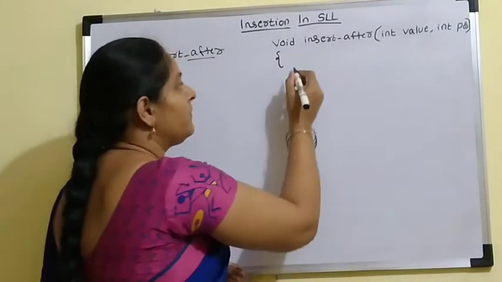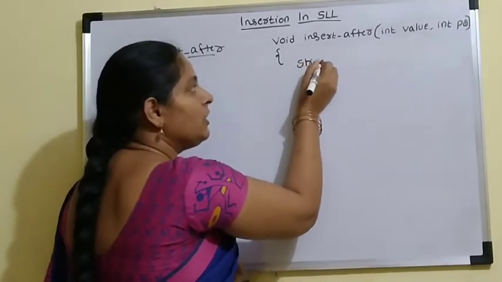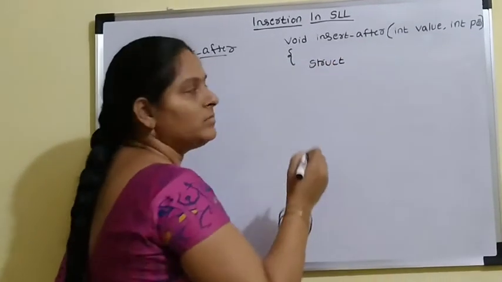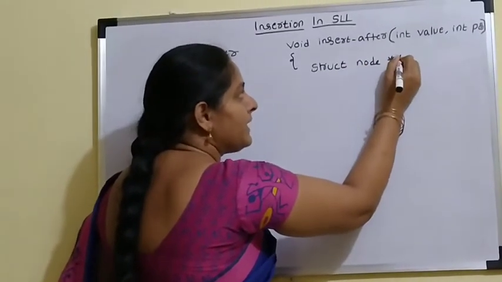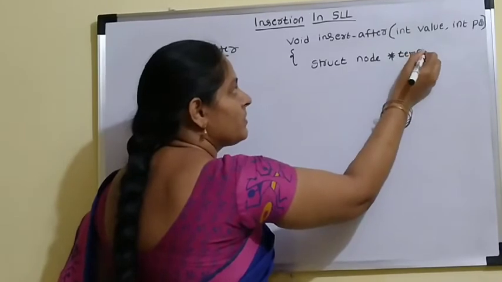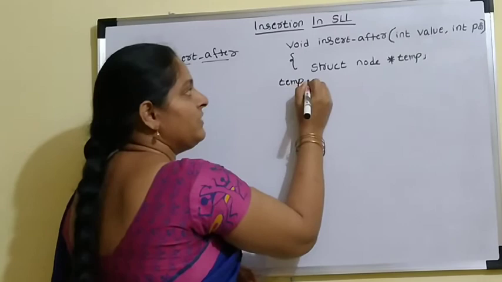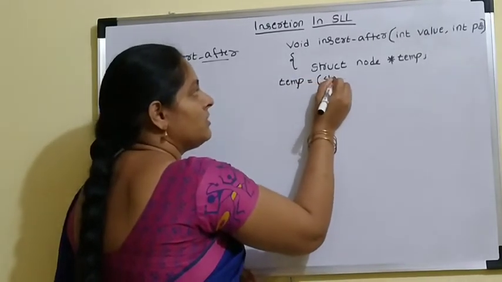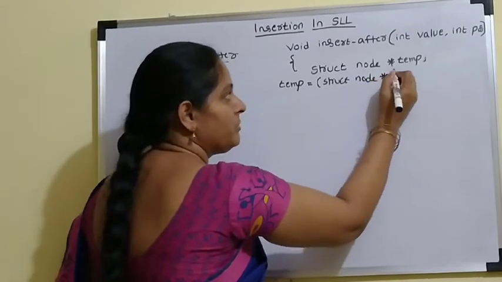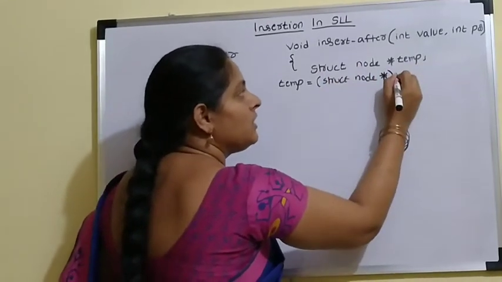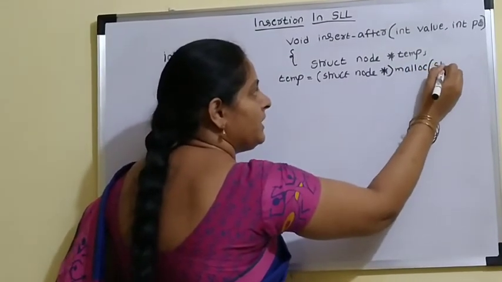As usual, first of all, we need to create the node which you want to insert. So here I want to insert node temp. So I have to assign the memory for the temp. We have already discussed the meaning of all these statements in the previous video lectures, so I am not explaining again and again.